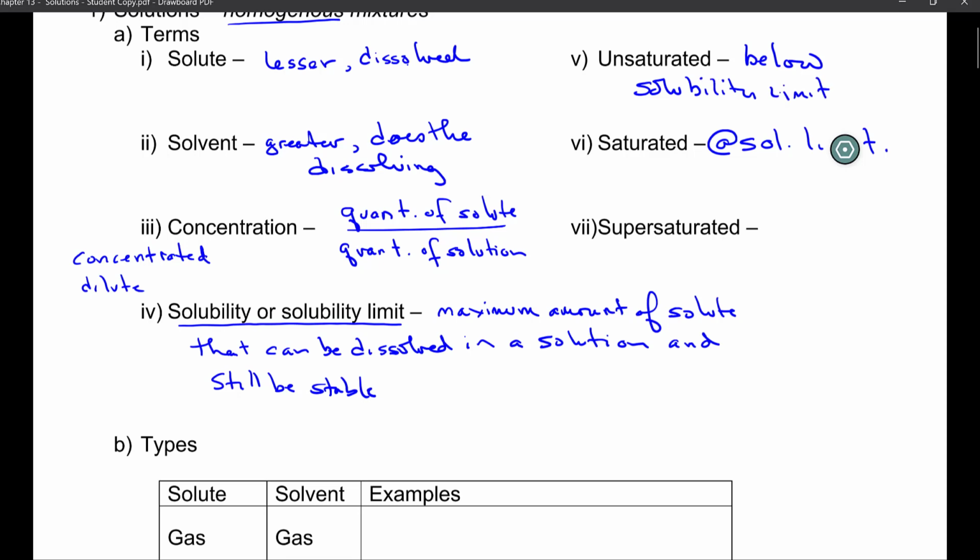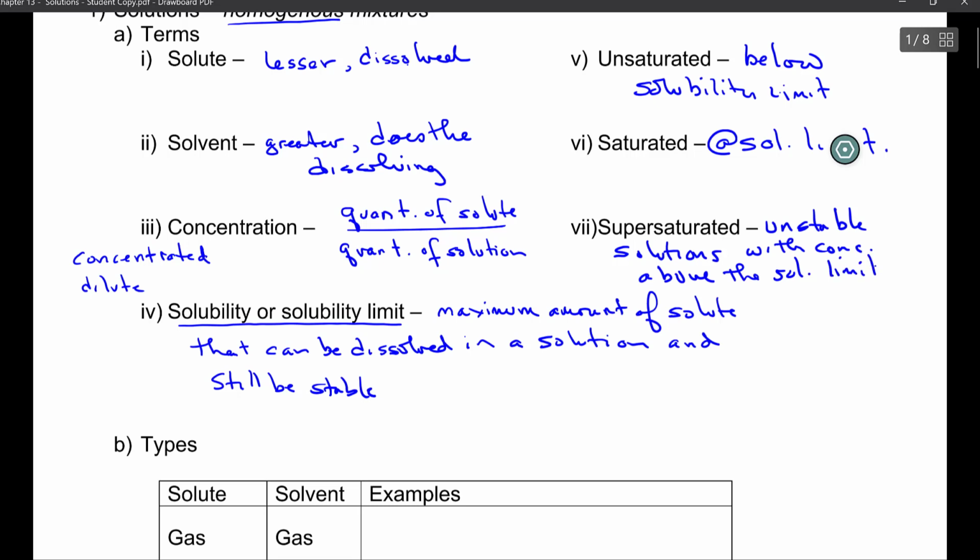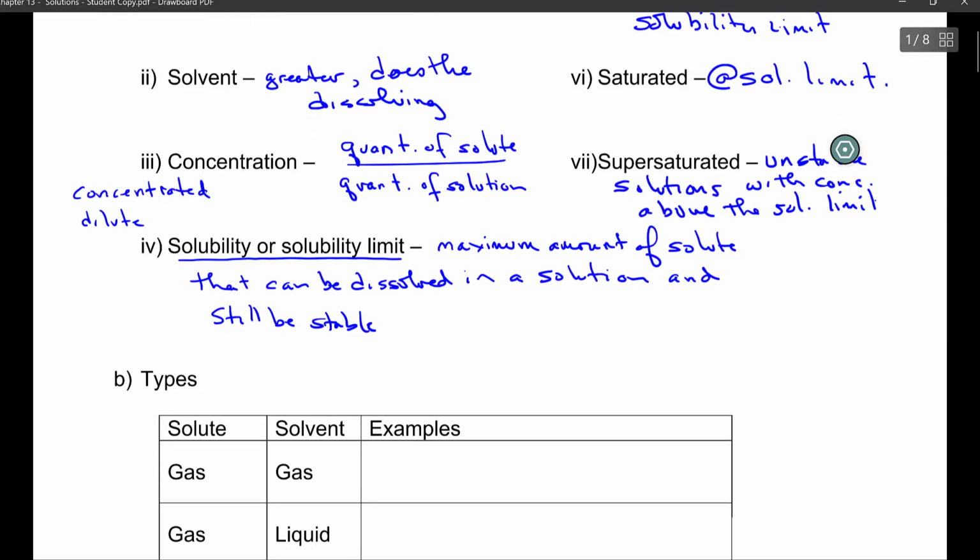Now there's another term, called the supersaturated solution, and these are unstable solutions and their concentrations are above the solubility limit. So a lot of terms, and there's actually one more besides concentrated, dilute and the solubility limit. There are some substances that you can mix together in any proportions, for example, water and alcohol, and those are solutions that we say are miscible.